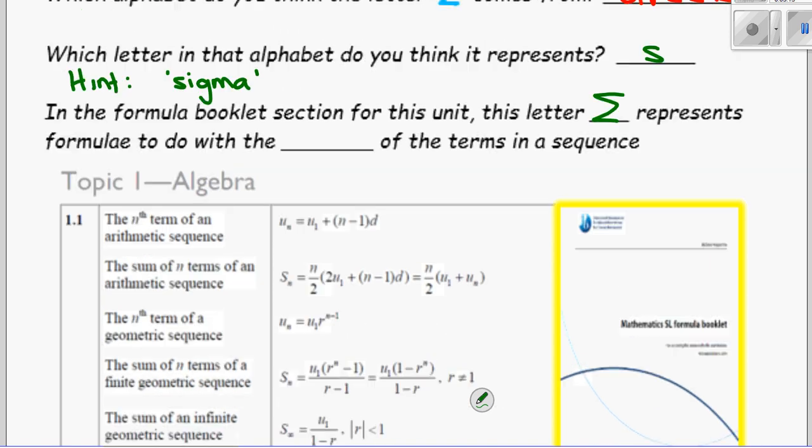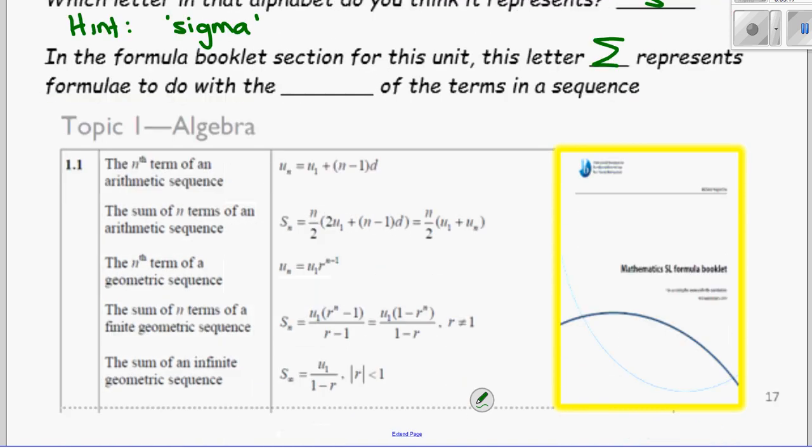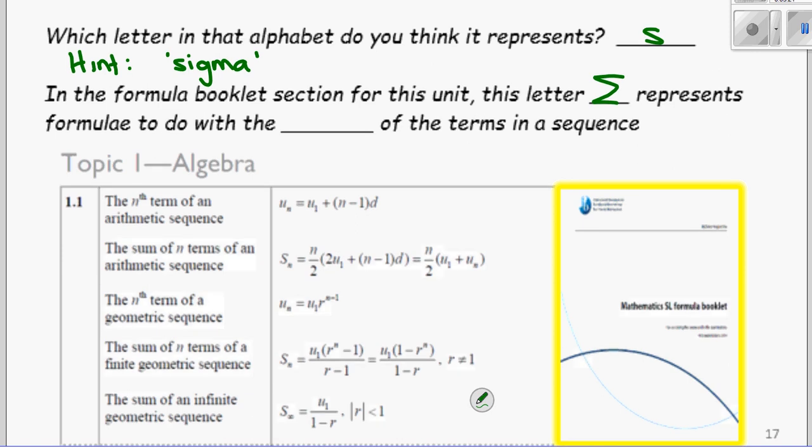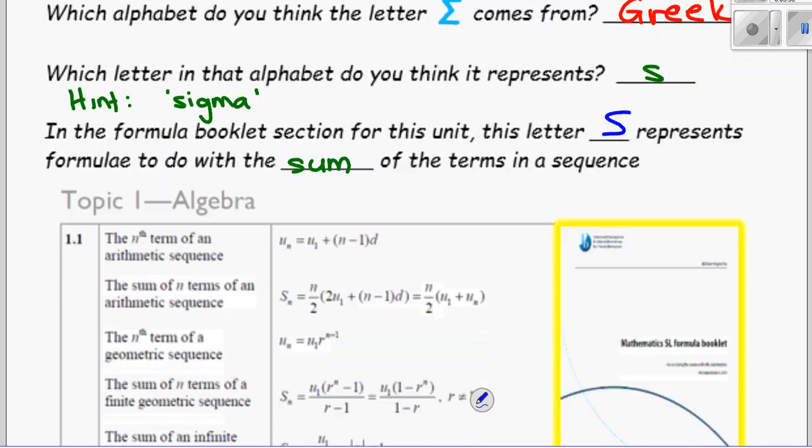Because it's not even here, is it? So I wrote this a few days ago, and what was I thinking? So by sigma, I meant S. I meant that one, sorry. I know what I was thinking. So this letter S represents formula to do with the sum of the terms of the sequence.